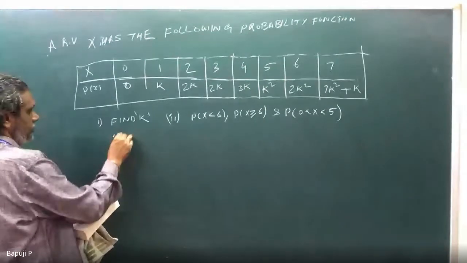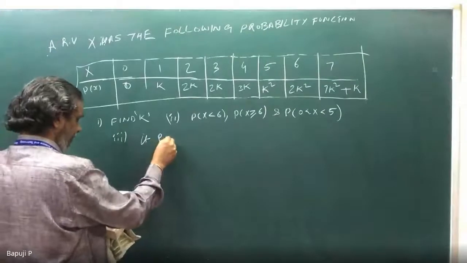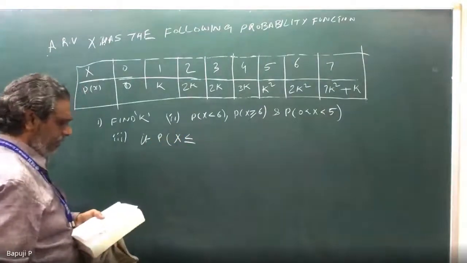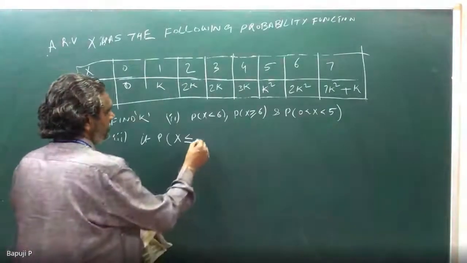Third question: if the probability of x less than or equal to c is given. k is already used, so don't use k; for some constant I'm using c.